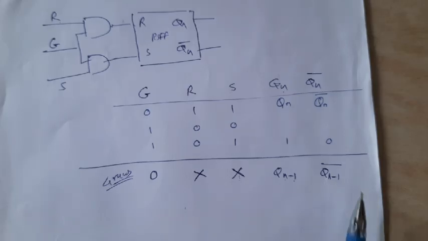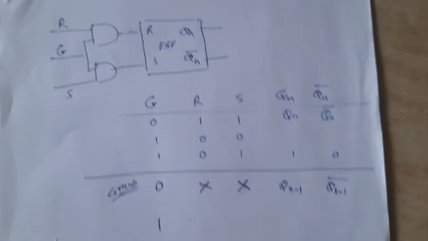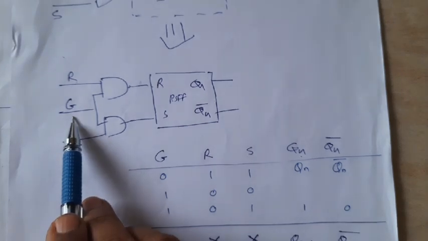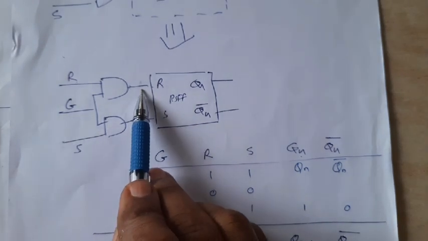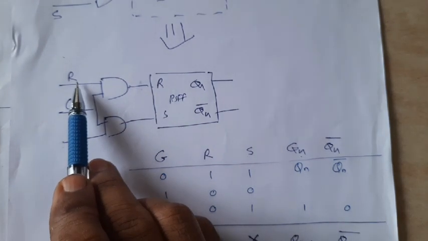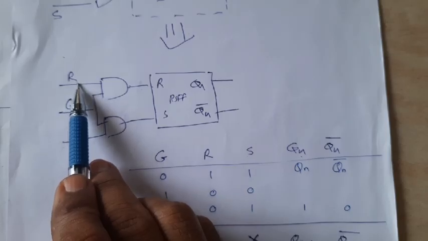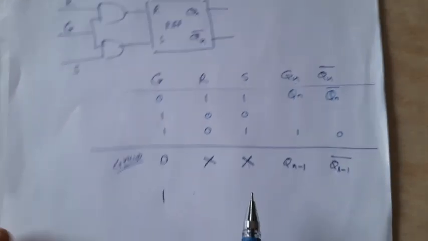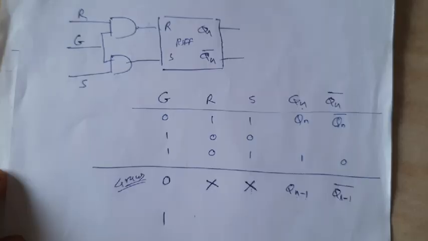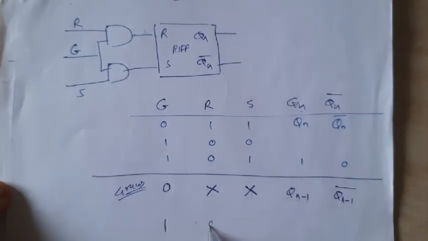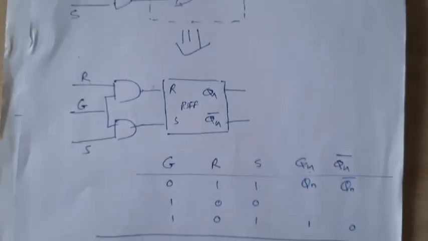But suppose gate is 1. Now gate is 1. What is the input to RS flip-flop? It depends on what is the value of R. So now we will have to write with gate is 1, R is 0 and S is 0.